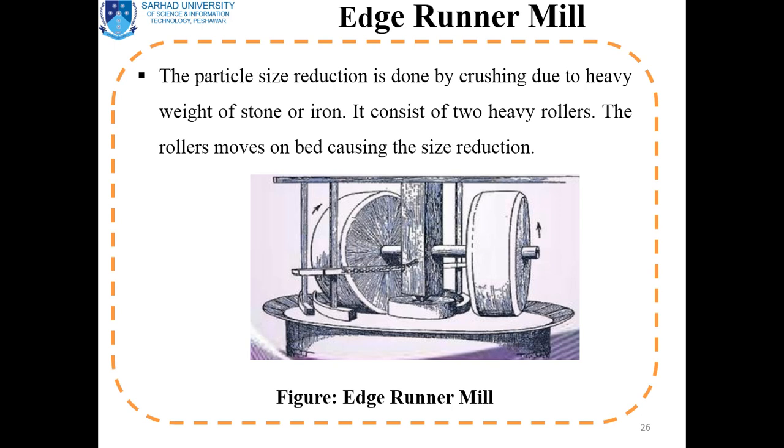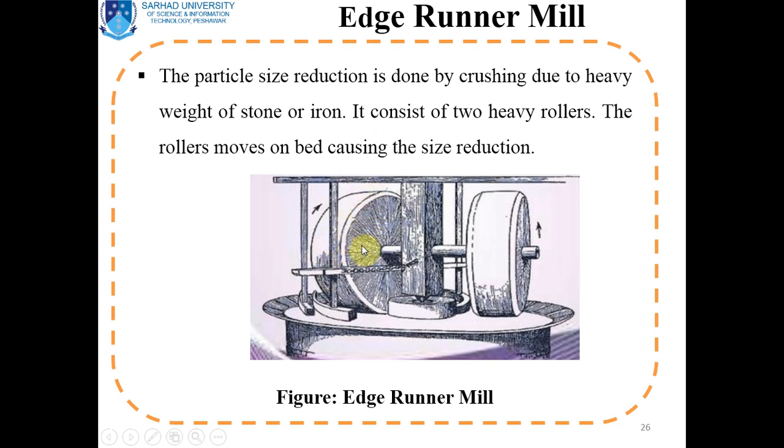The last one is the mill termed the edge roller mill. You can see in the diagram there are two rollers. These are two heavy rollers made of stone or iron, which are responsible for particle size reduction by their movement.